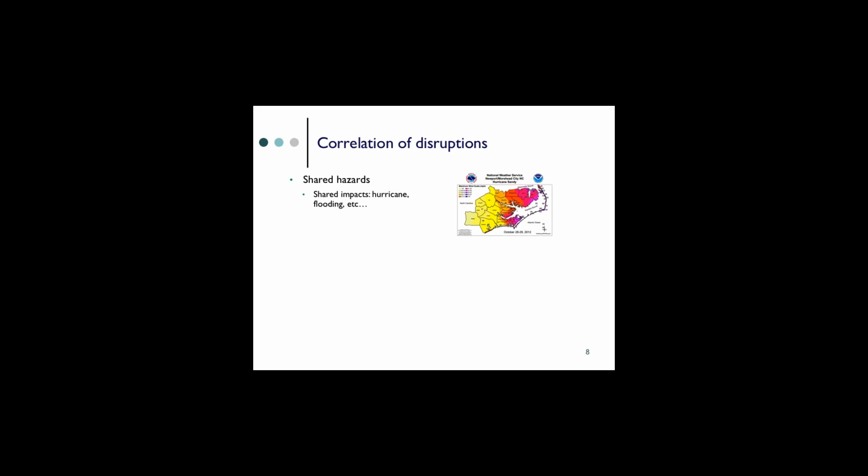As shown in this picture, this is the effect of Hurricane Sandy. You can see the regions with the same color are attacked by the hurricane simultaneously, so facilities within the same regions may be subject to the shared impact from the hurricane.